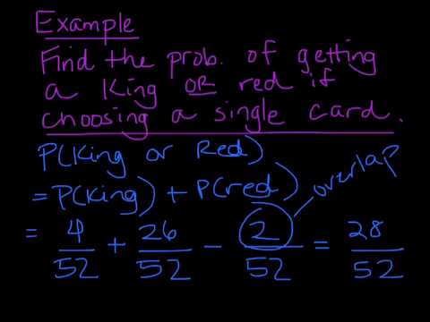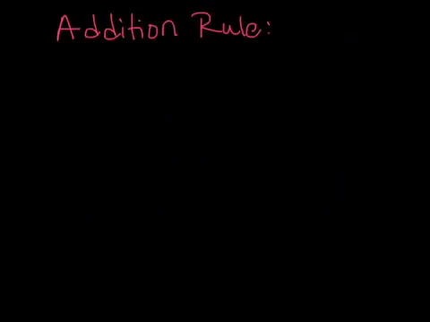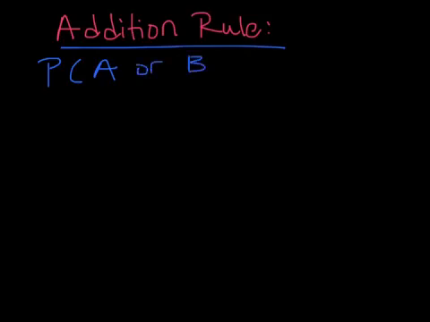So let's go back to that other slide for the rule. The addition rule for this one. When I am trying to find the probability of not two events, but event A or event B, it's one thing happening, but I can get A or B and still have what we would call a success.